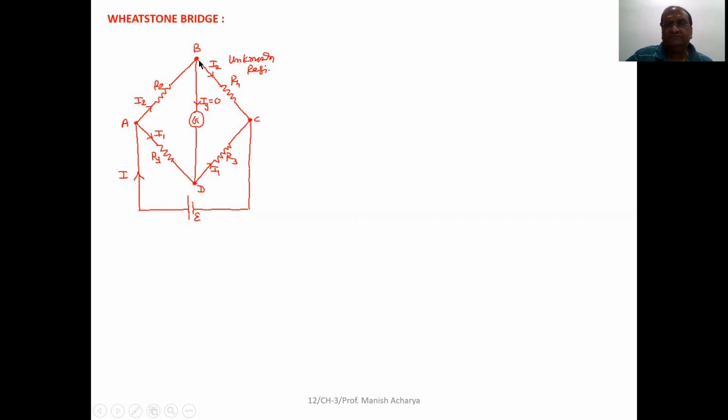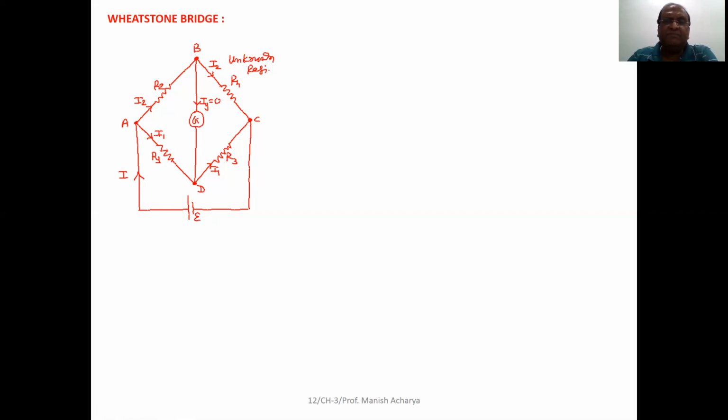Then after, between two diagonally opposite points, here between B and D, a galvanometer is connected, and between two remaining diagonally opposite points, battery is connected. So this particular circuit prepared in this way, that is known as Wheatstone bridge circuit.